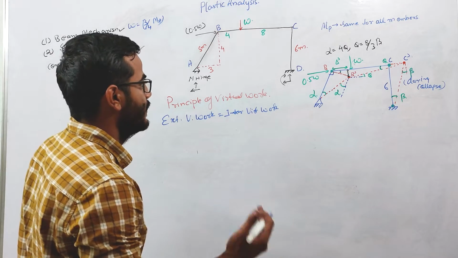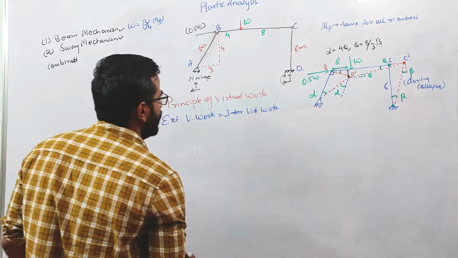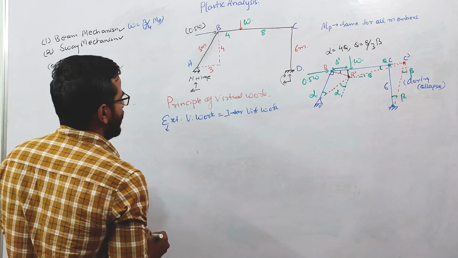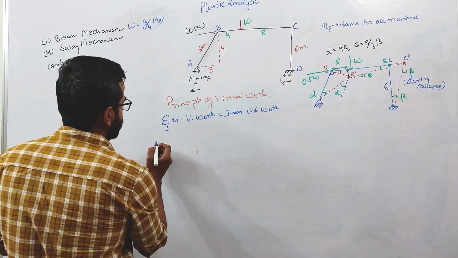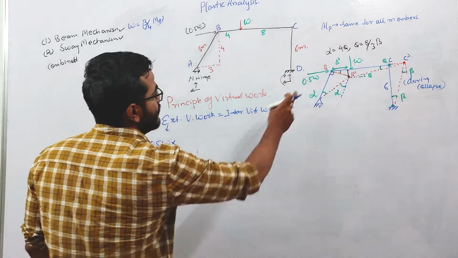So what will be the external work done? External work done will be equal to 0.5 W into delta dash.